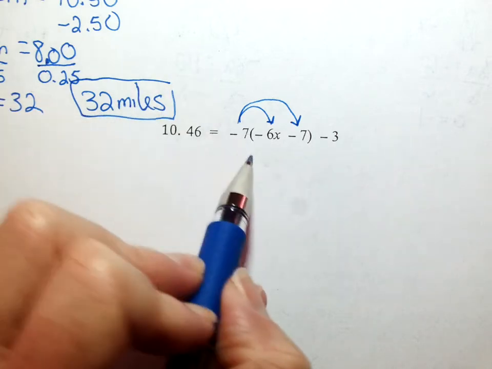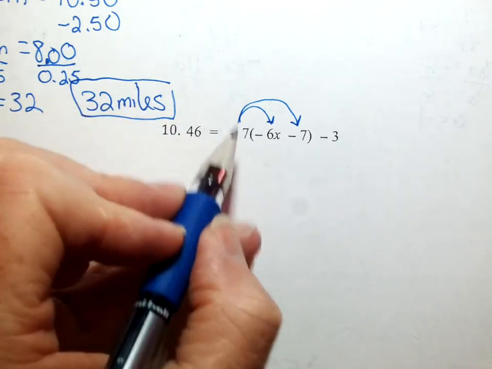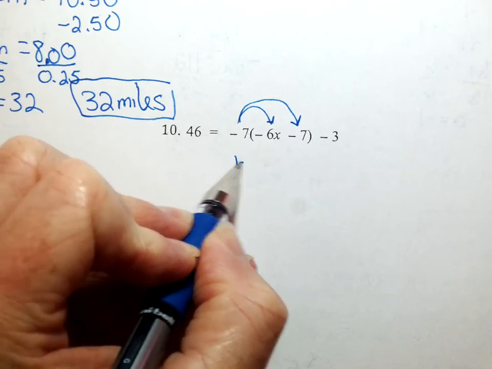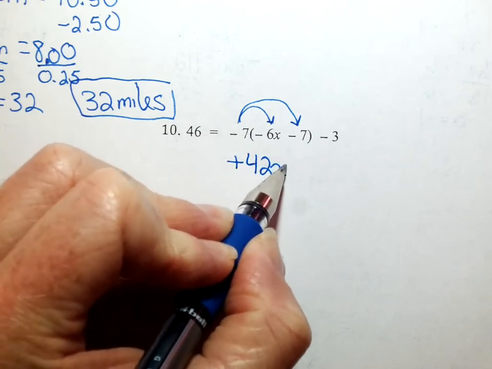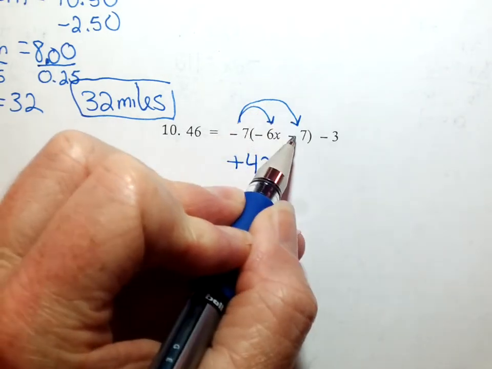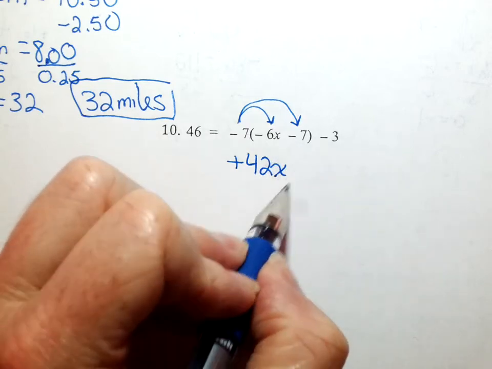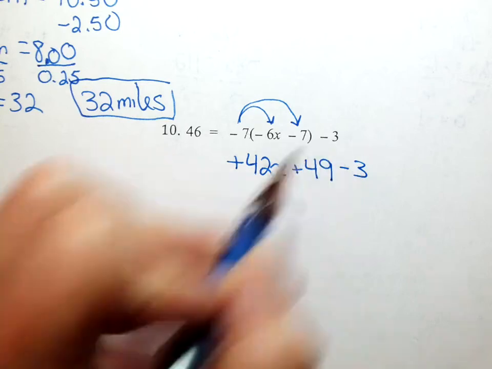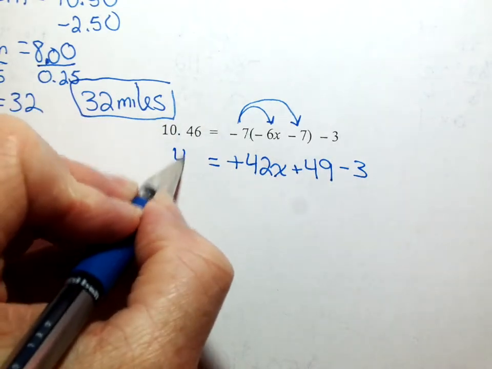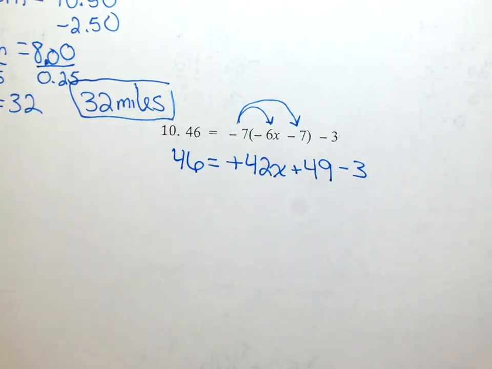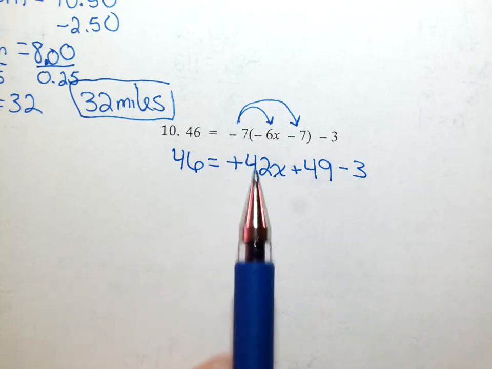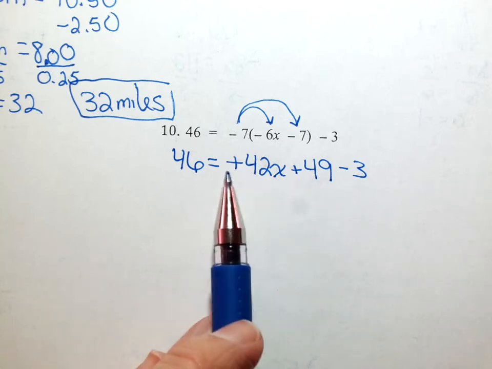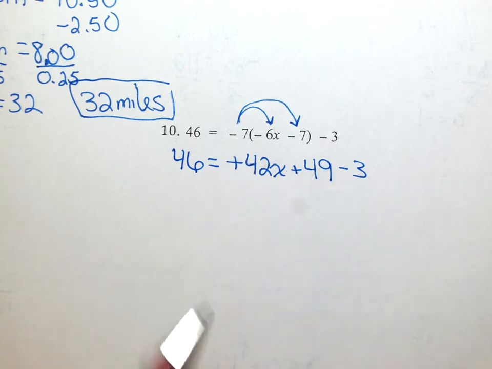Alrighty, so we're going to distribute negative 7 times negative 6x is a positive 42x. Negative 7 times negative 7 is a positive 49. That negative 3 just hangs out, and then we have our 46 over here. Okay, I've distributed. Now I need to combine like terms. Is there anything on this side that I could combine?